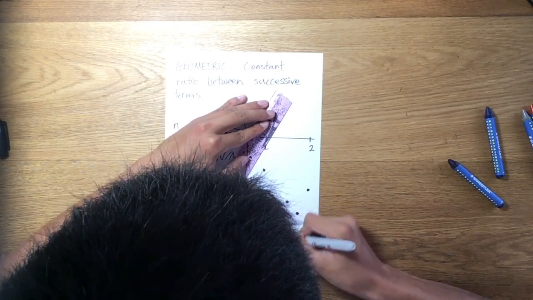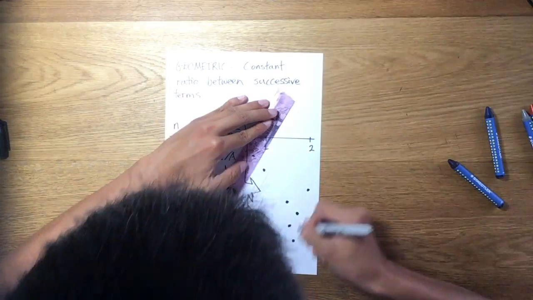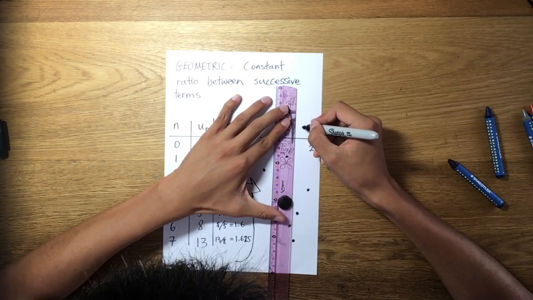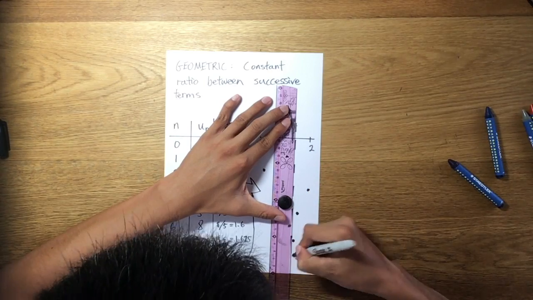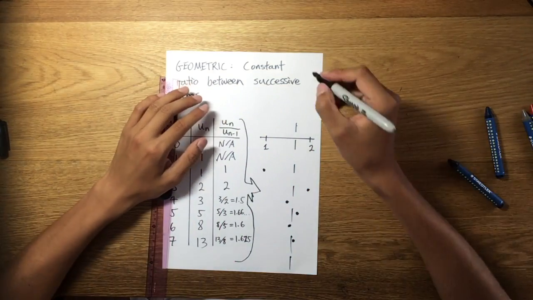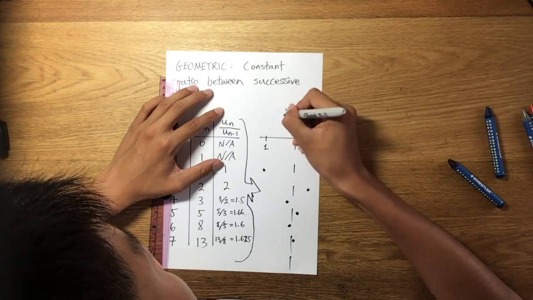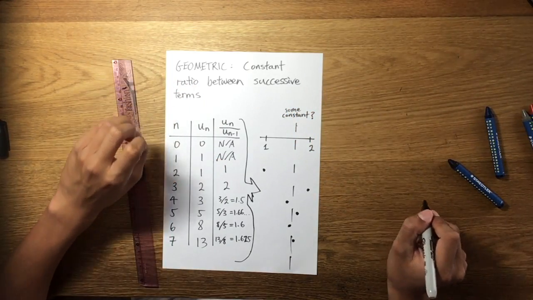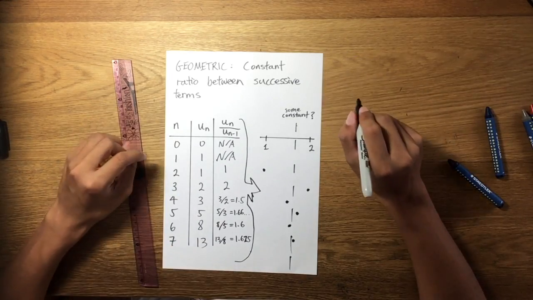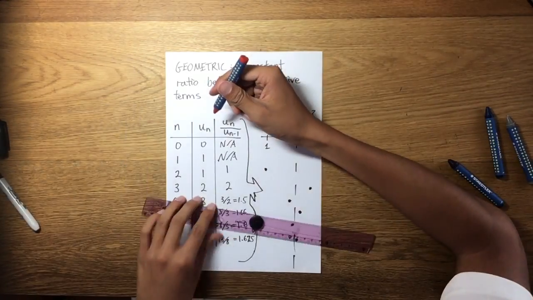invisible number, this seems to suggest that as we consider larger and larger terms in the Fibonacci sequence, terms farther and farther down the line, the Fibonacci sequence is going to tend towards a geometric sequence. The ratio between successive terms is tending towards a constant.